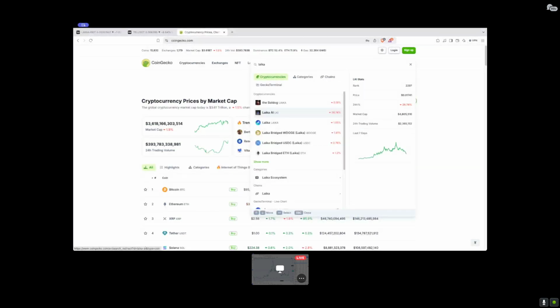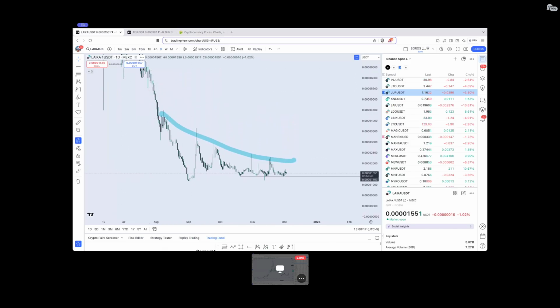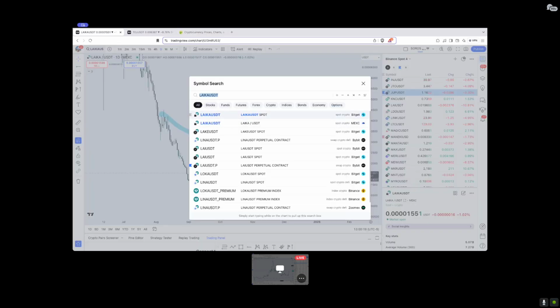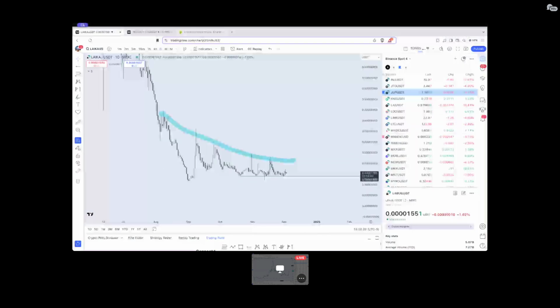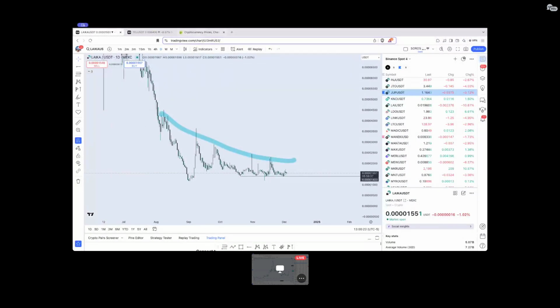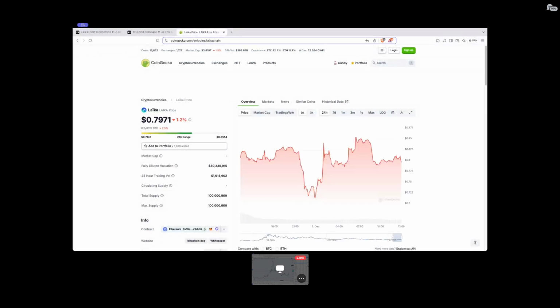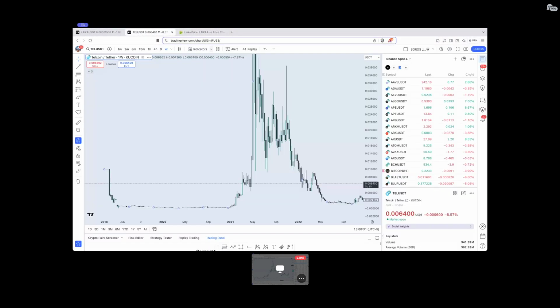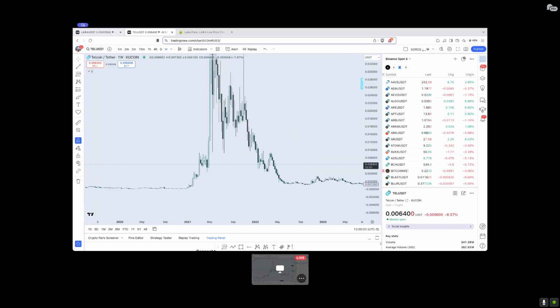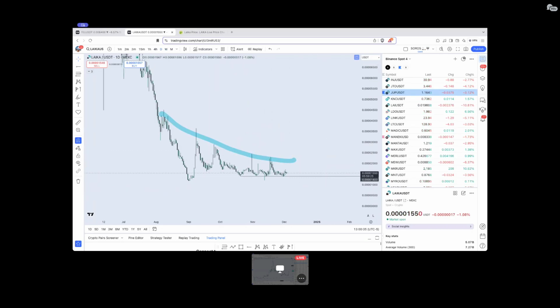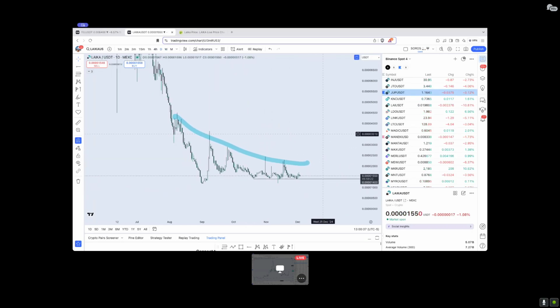is this it? Leica AI or Leica? Mexi. I'm not sure which one it is. I imagine it's this one. 1% down. 72. Oh, what am I looking at? Telcoin, bro. Oh, so I'm on the wrong one then.